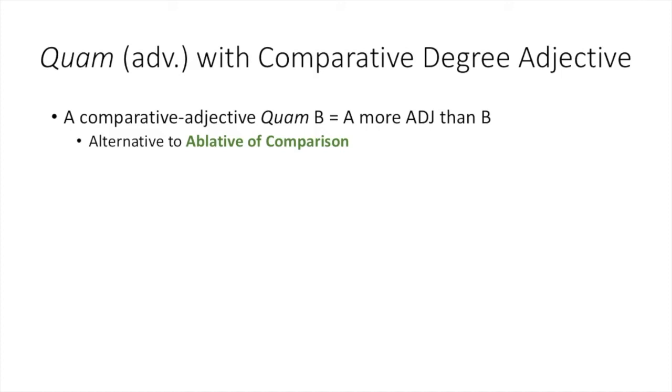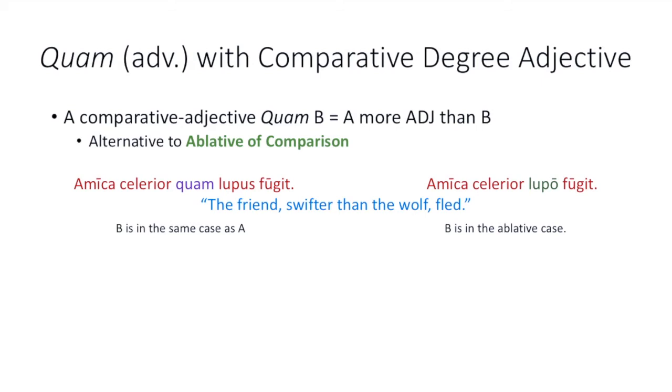And then whatever the B is, that A is more blank than, that will be after the quam. So let's look at this with an example. Amica celerior quam lupus fugit.